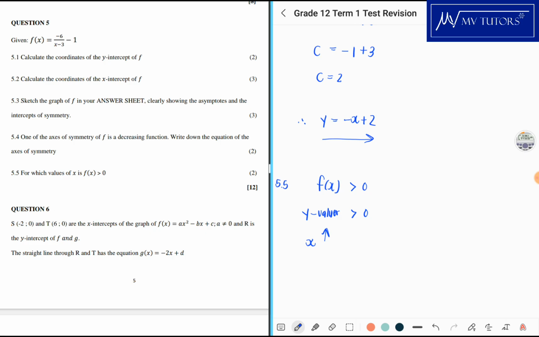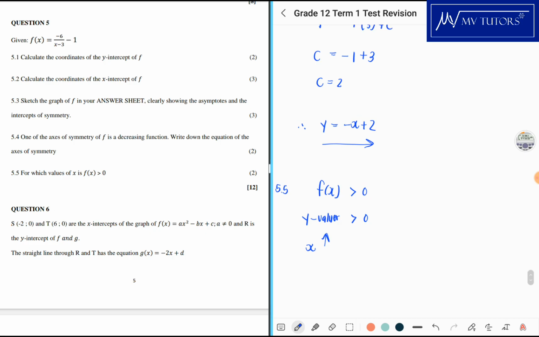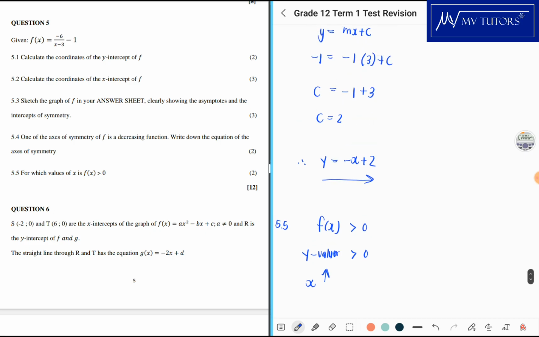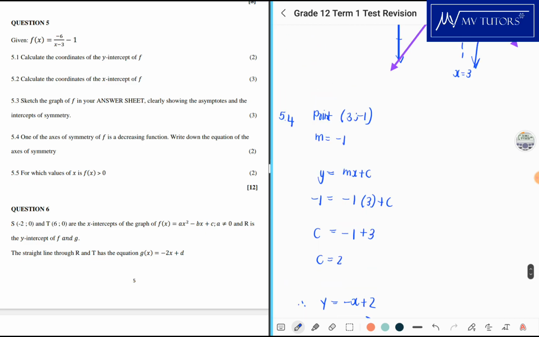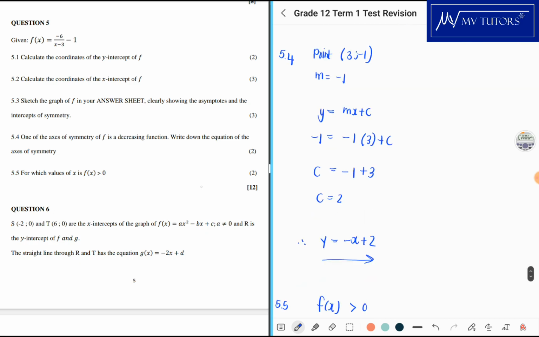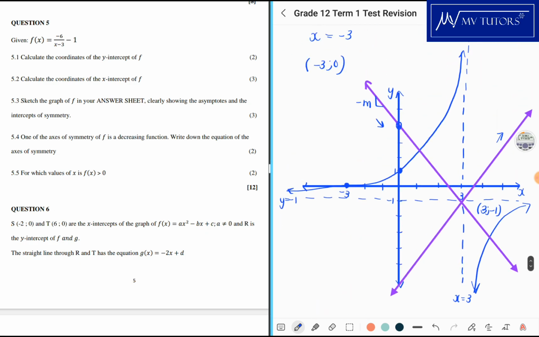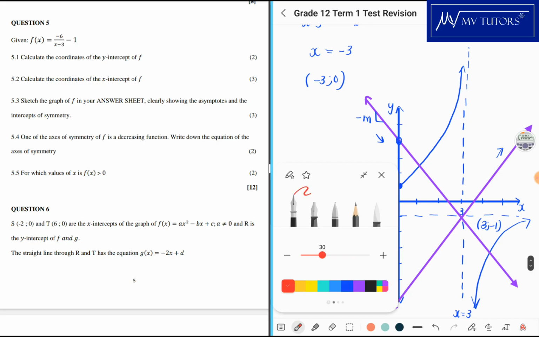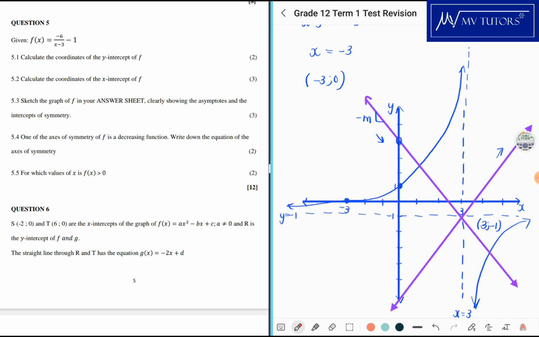Let me show it visually. We need to look at the y values of the function f that are bigger than 0. We're going to go to our graph that you drew to scale. Choose a different pen. Y values bigger than 0. Remember, y is equal to 0 is here at the x-axis. So basically everything above the x-axis is where the y values are bigger than 0.